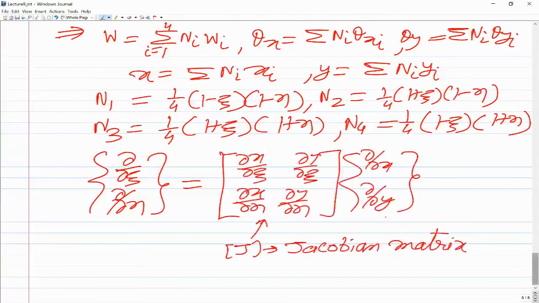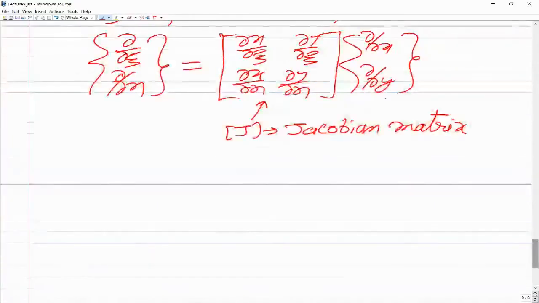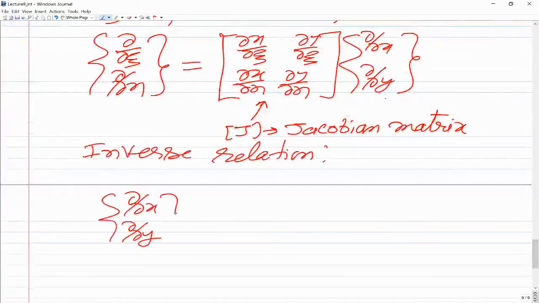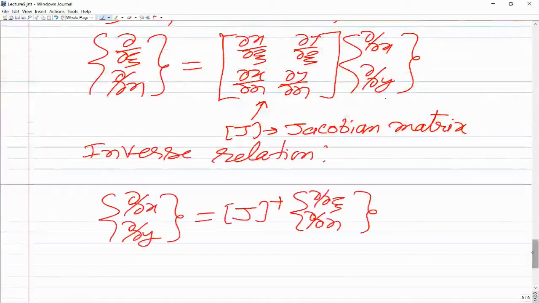And when you take the inverse of this relationship, so you write the inverse relation. So when you write the inverse relation, you write these operators del by del x, del by del y as J inverse into del by del xi, del by del eta. So now you will know x and y also in terms of xi and eta through these interpolations.